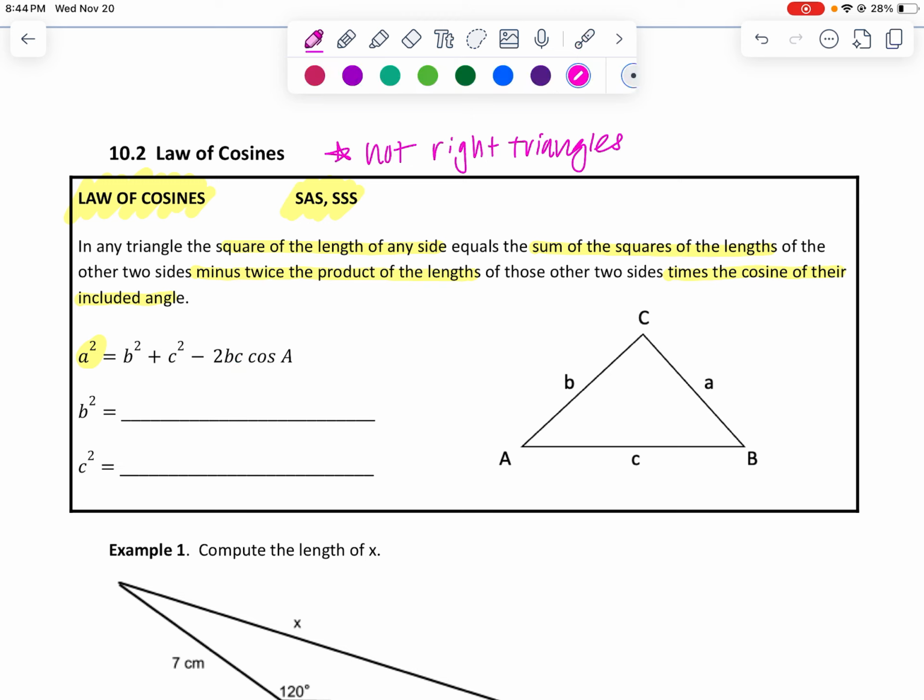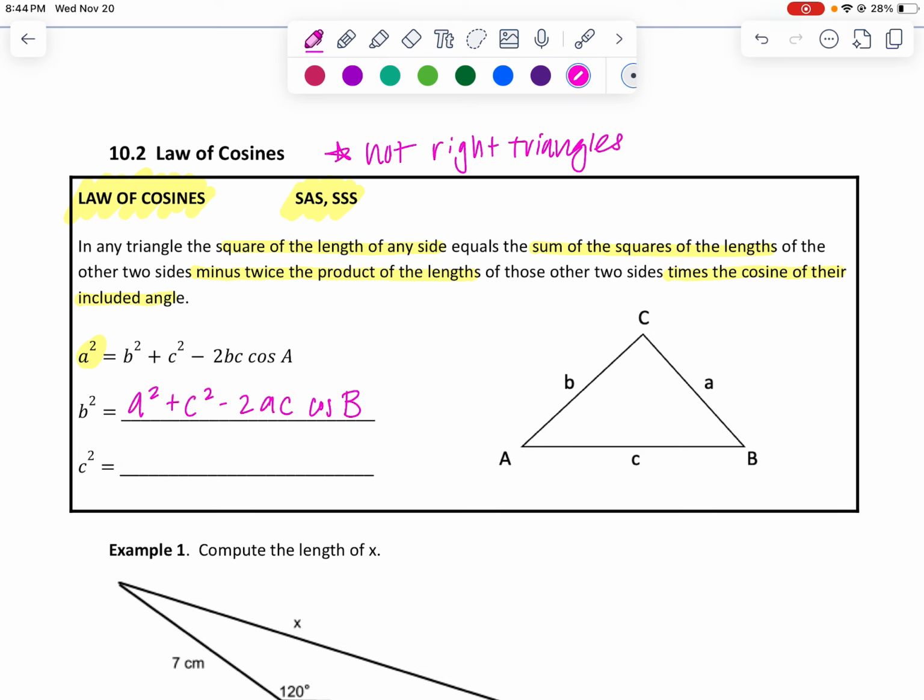Okay, same exact thing. If I was focusing on b, b squared is equal to a squared plus c squared, so the sum of the squares of the lengths of the other two sides. Subtract 2 times the product of those two lengths, so 2 times ac, times the cosine of the included angle, which in this case is b.